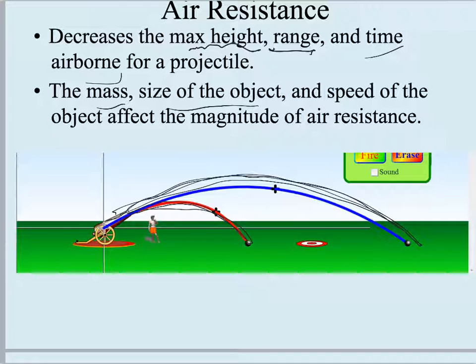A big boulder is going to come in contact with more air than a tiny glass marble, let's say. So there are lots of other things that can affect it. Again, we don't really talk about this a lot, but it is important to touch on it: air resistance, if we do include it, does make a difference in the height, the range, and the time.